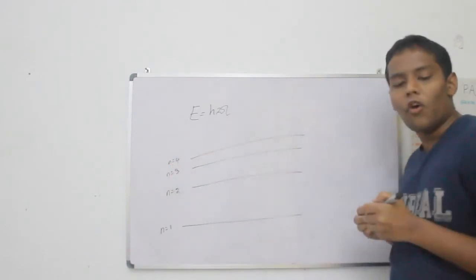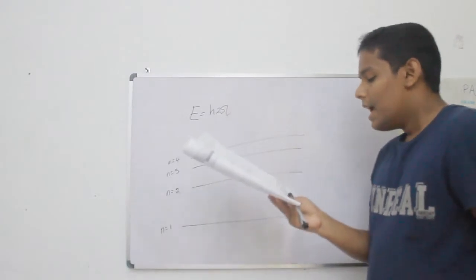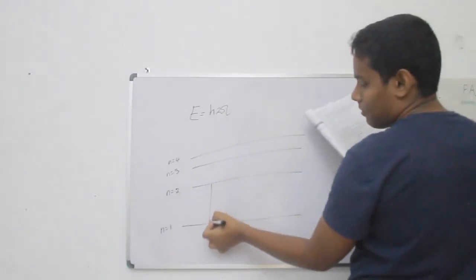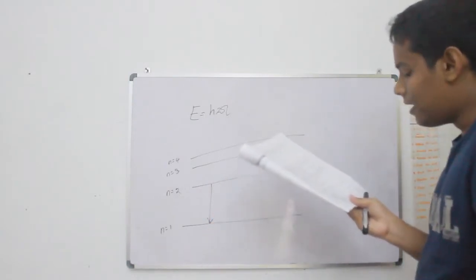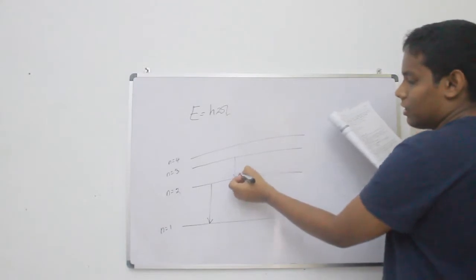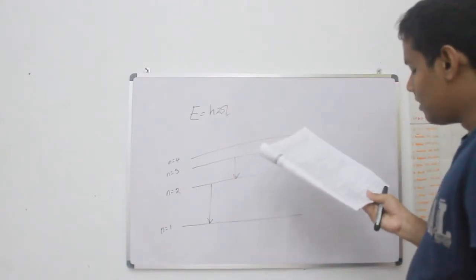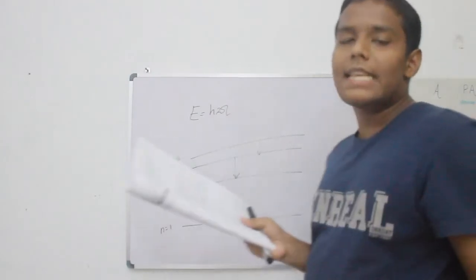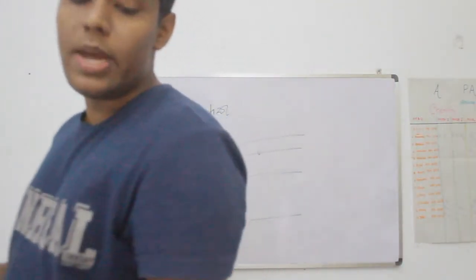Now we'll try to draw the relevant transitions that these people have given in the question. N equal 2 to n equal 1 is this transition. Okay. Then n equal 3 to n equal 2 is this transition. Then n equal 4 to n equal 3. So you know that the greatest gap is between n equal 2 to n equal 1.